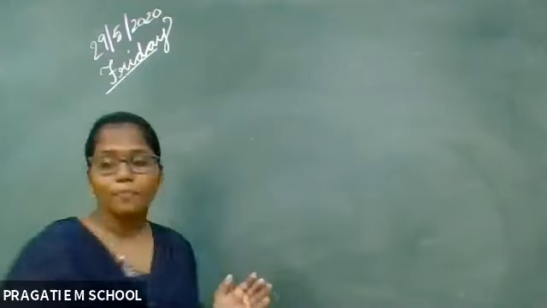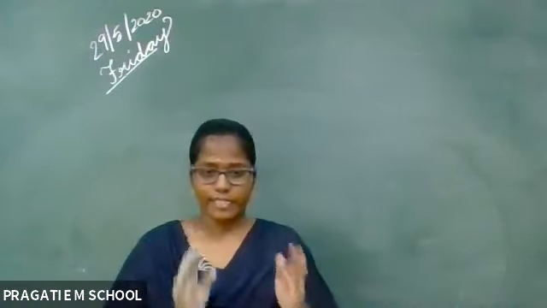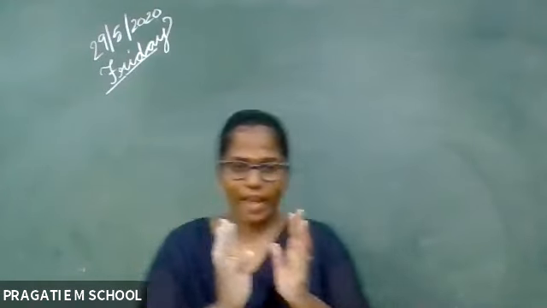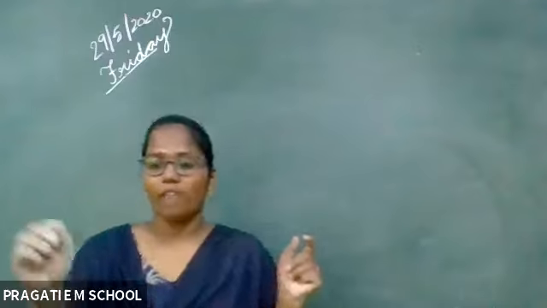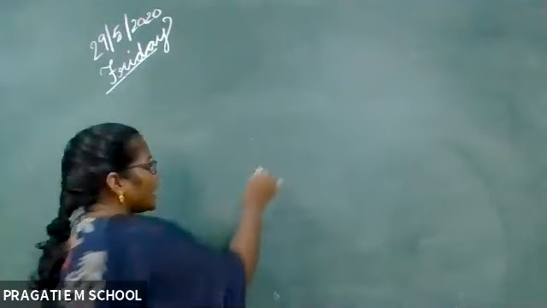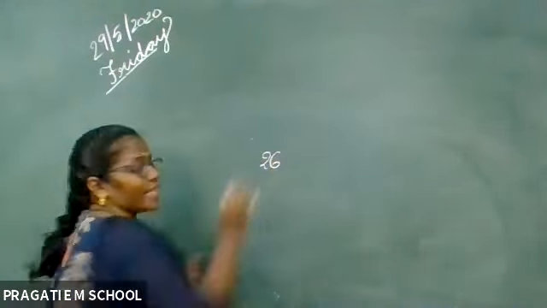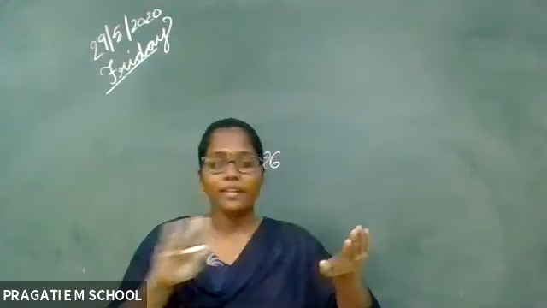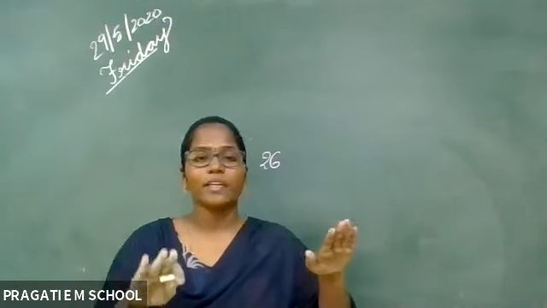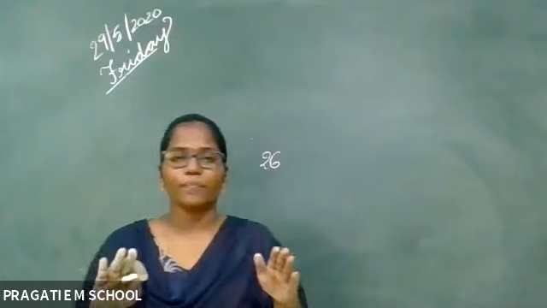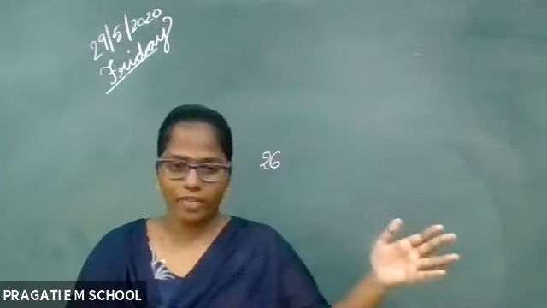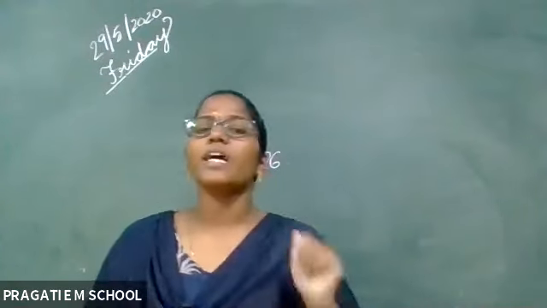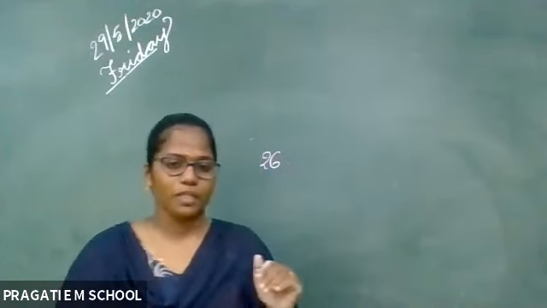Up to now, we have discussed that there are 26 alphabets, classified into two types, vowels and consonants.